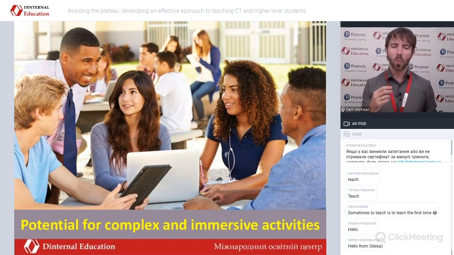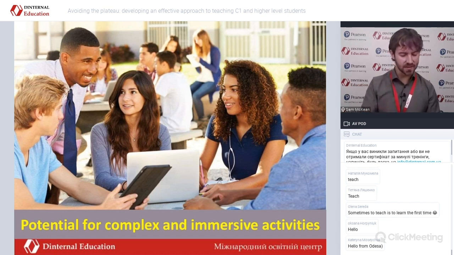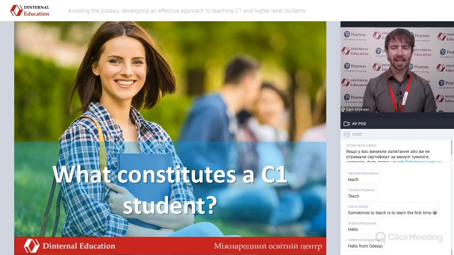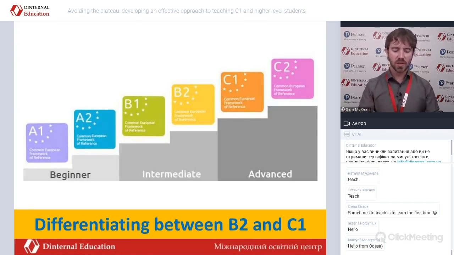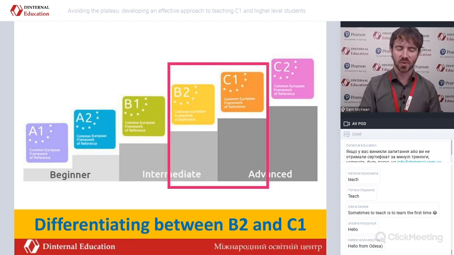When I refer to higher level students, I mean students who are C1 and almost C1. The question is, what exactly constitutes a C1 level student? Where do we draw the line between B2 and C1?